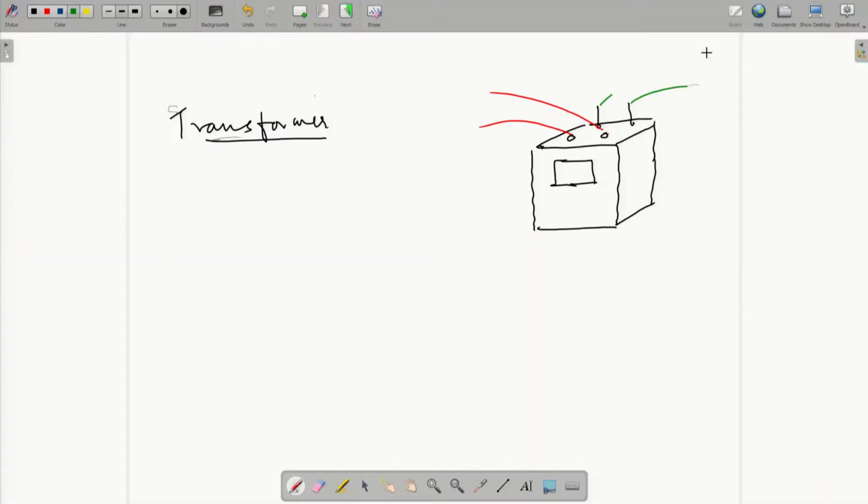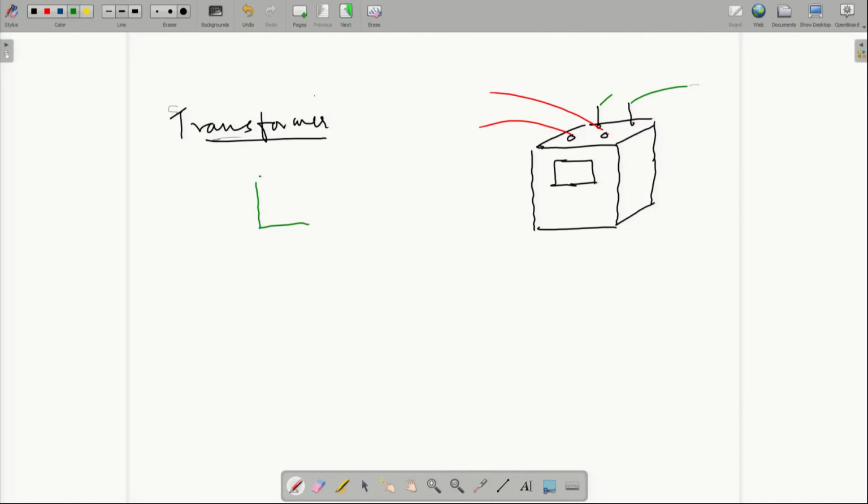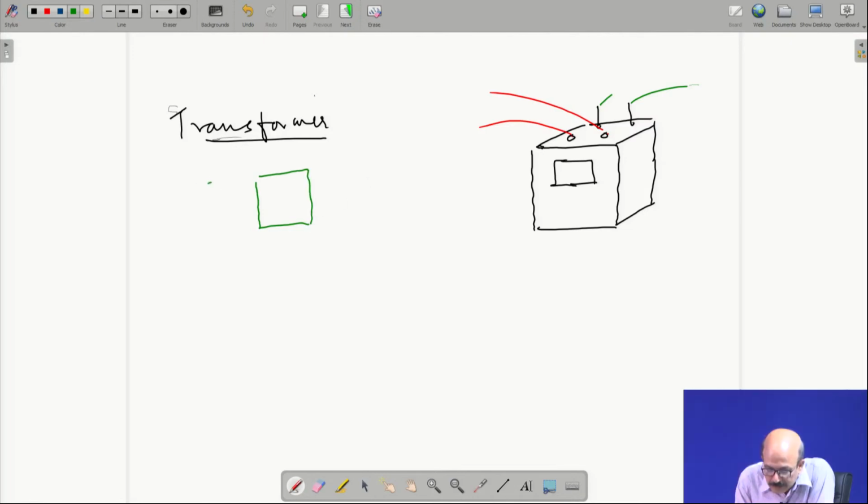Now quickly, you can think that this is one side and this is another side. We can say this is the input of the transformer and this is the output of the transformer. Both the input and output are electrical power.